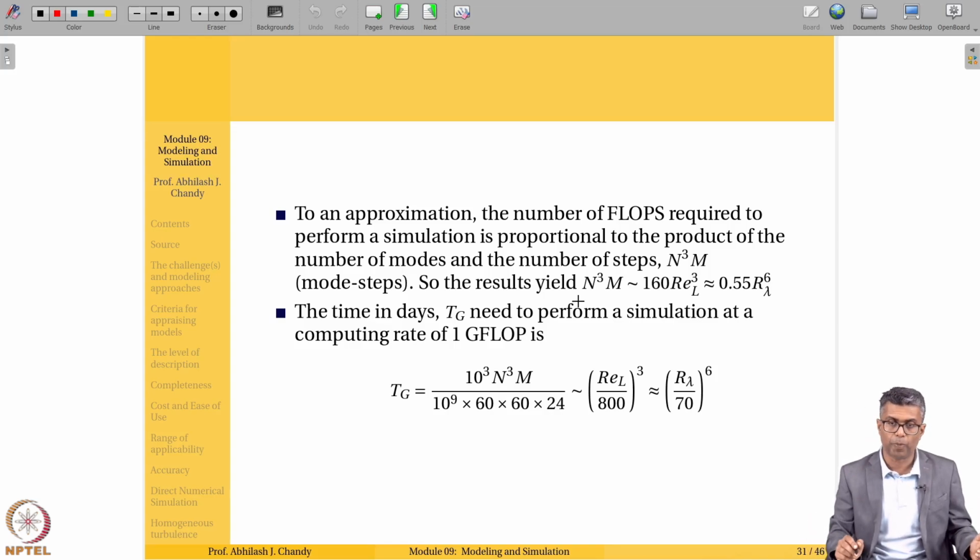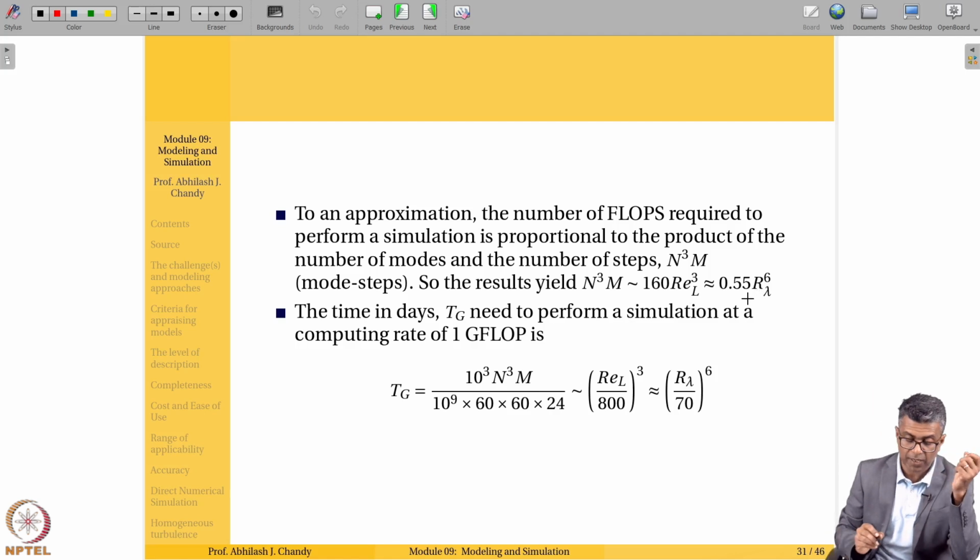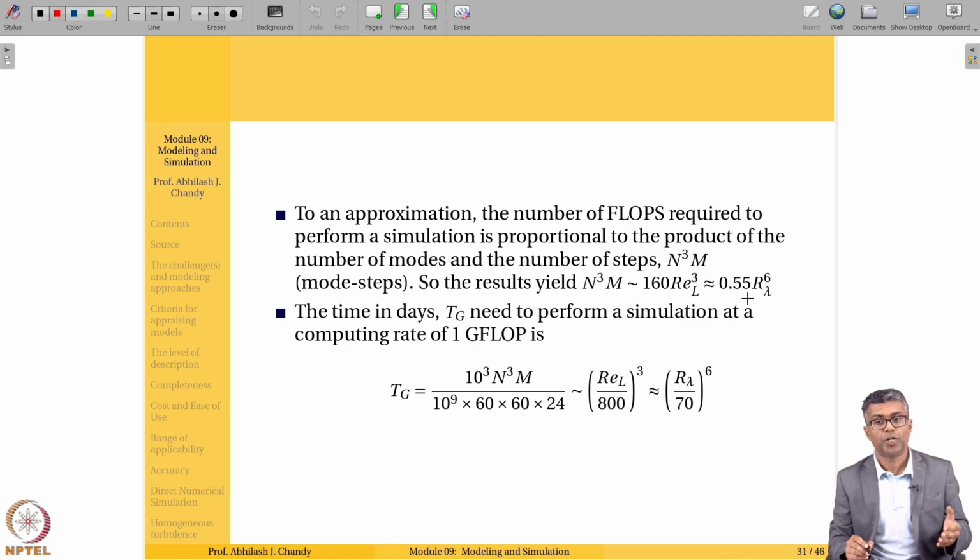So that would be N cube M. And your estimate for N cube that we determined earlier, and our estimate for M that we determined just now, if you plug it in, you get 160 REL to the cube, which is 0.55 R lambda to the 6th. If you want to calculate the total time that is required on a gigaflop machine, you just need to divide this by 10 to the 9, because a gigaflop would be 10 to the 9 flops.